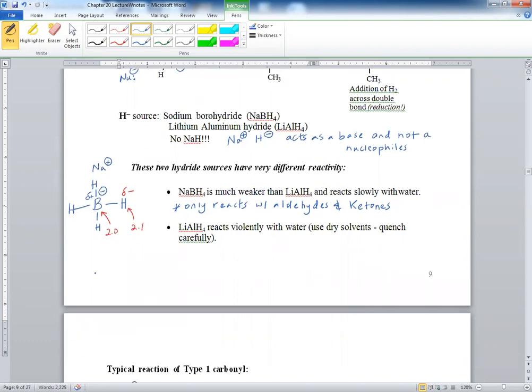Now, on the other hand, lithium aluminum hydride, so that would be AlH4 minus. Once again, H has 2.1 electronegativity, and the aluminum is actually 1.6. Let me bring this down a little bit.